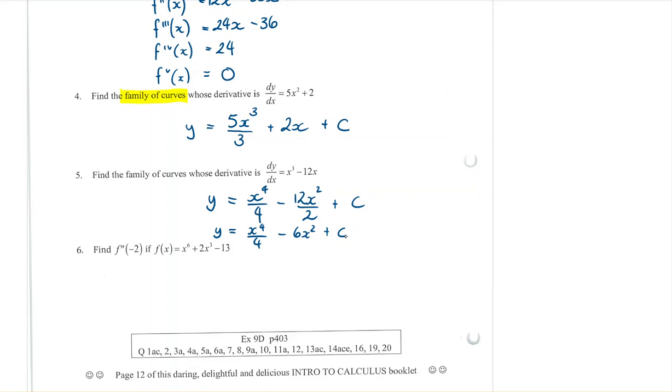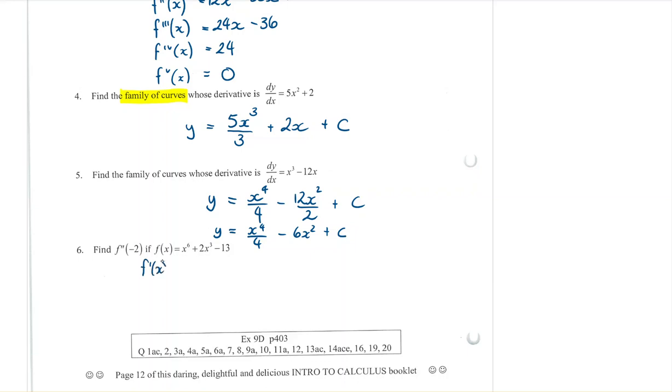Last question. Find the second derivative, because you can see the 2 dashes there. Second derivative at minus 2 if f of x equals x to the power of 6 plus 2x cubed minus 13. Remember, you always differentiate first before you ever sub anything in. Okay, so first of all, the derivatives.